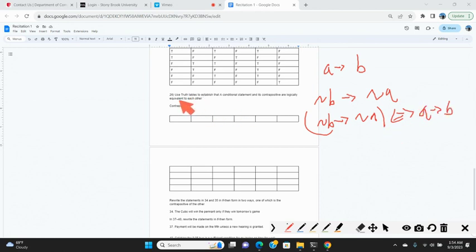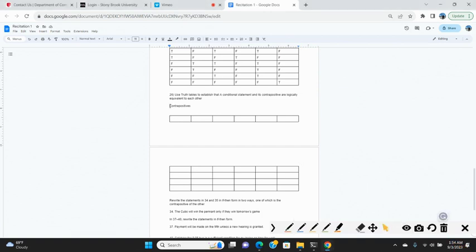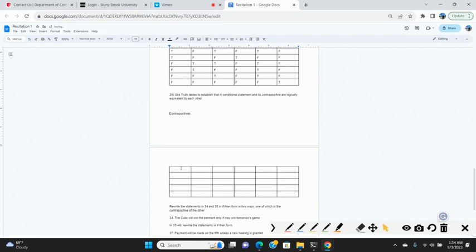So now let's use truth tables to actually establish that. Let's just use A and B for simplicity of letters. So again, we have A implies B, and the negation of B implies the negation of A.